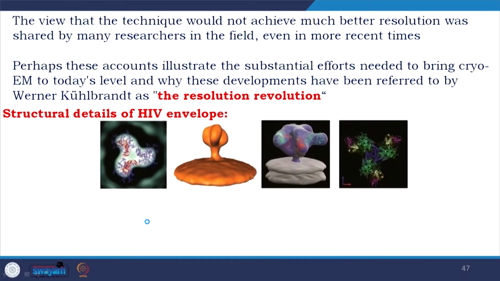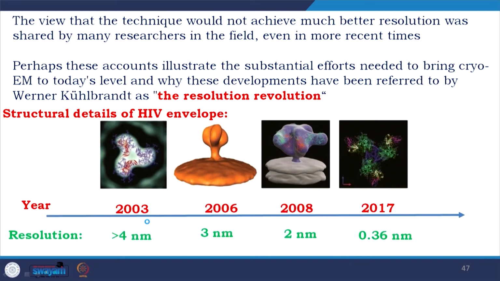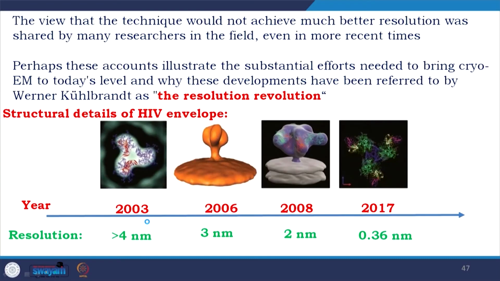You will see that from the year 2003, 2006, 2008 to 2017, the resolution became higher and higher. First one was greater than 4 nanometer in 2003, it comes to 3 nanometer in 2006, 2 nanometer in 2008 and 0.36 nanometer, 3.6 angstrom, in 2017.